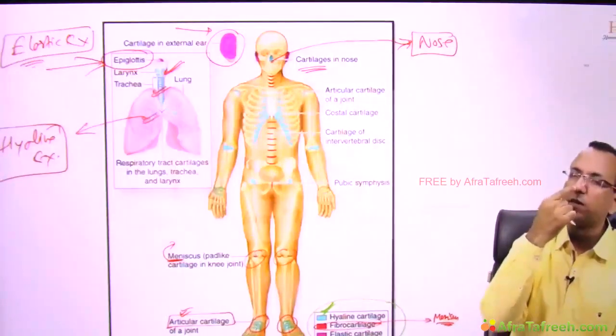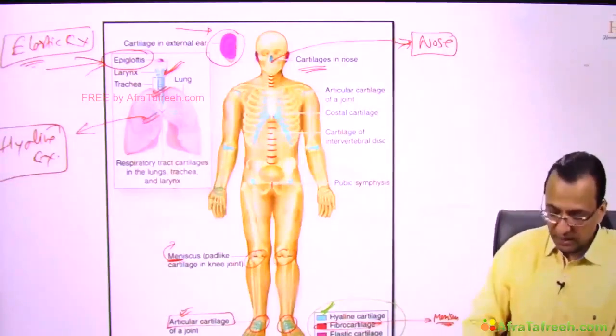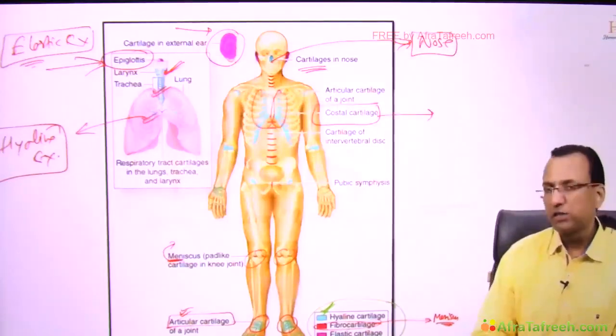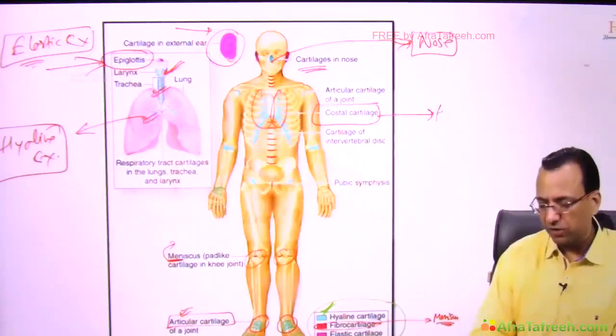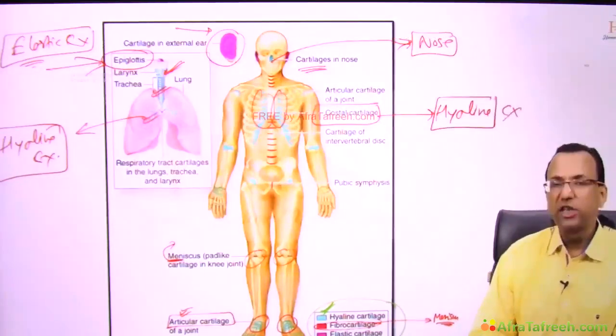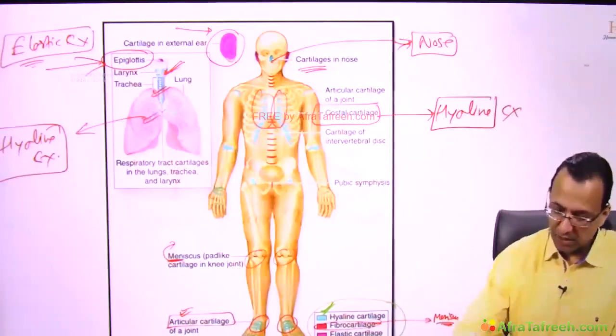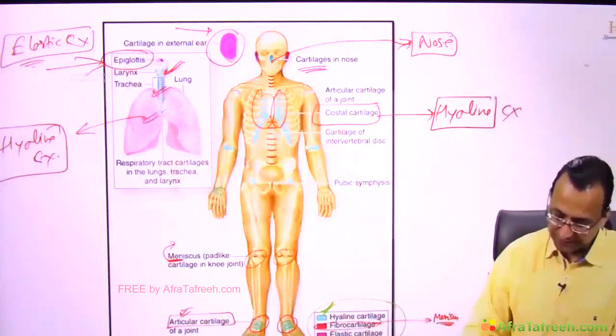The tip of the arytenoid is elastic cartilage. Now, what about the costal cartilage, rib cartilage? Actually, costal cartilage, rib cartilage is also hyaline. In fact, most of the cartilages in the body are hyaline. You have to remember that.